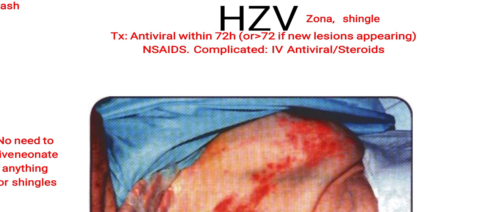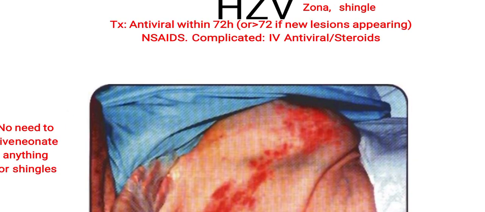For the antiviral treatment, it's only required when the patient presents within 72 hours. If more than 72 hours, then antiviral treatment is not needed, only painkillers. If the patient is having pain, and mostly patients will have pain, we have to prescribe pain medicines.